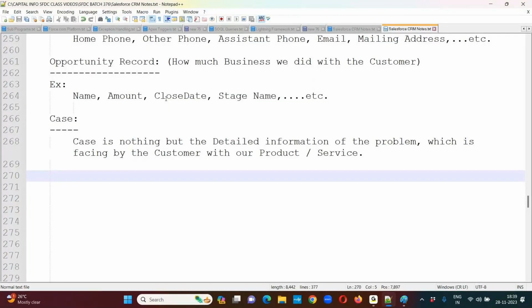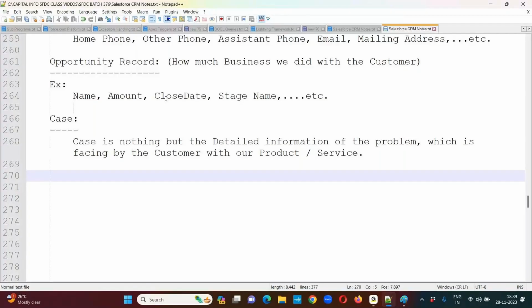Now, in this case, it's our responsibility. We have to fix the customer's problem here. Whatever the problem, okay, he's facing with our product or service, we need to provide the proper solution. We have to fix the problem because as a service person, it's our responsibility. We have to respond immediately whenever the customer is facing the problem. We have to communicate with the customer also.